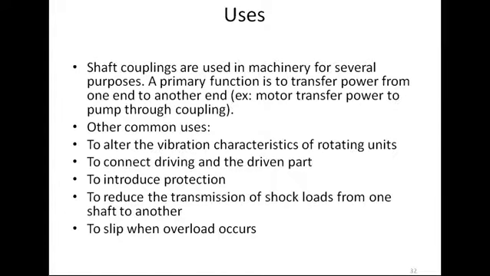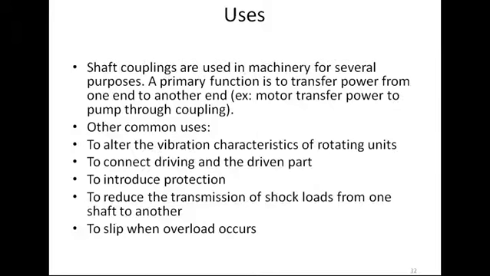Now the uses. Shaft couplings are used in machinery for several purposes. The primary function is to transfer power from one end to another end. For example, a motor transfers power to a pump through a coupling.